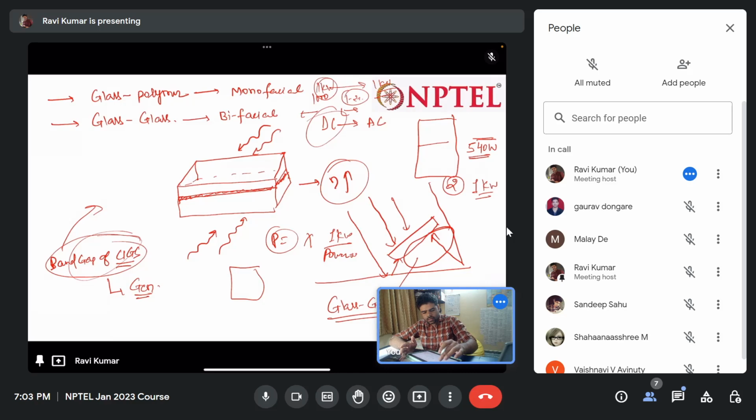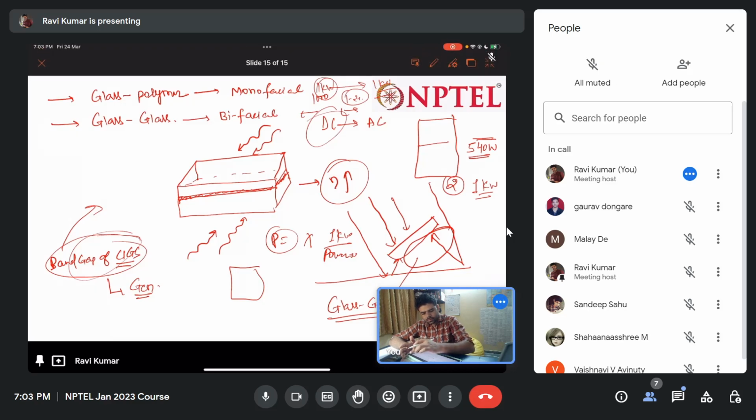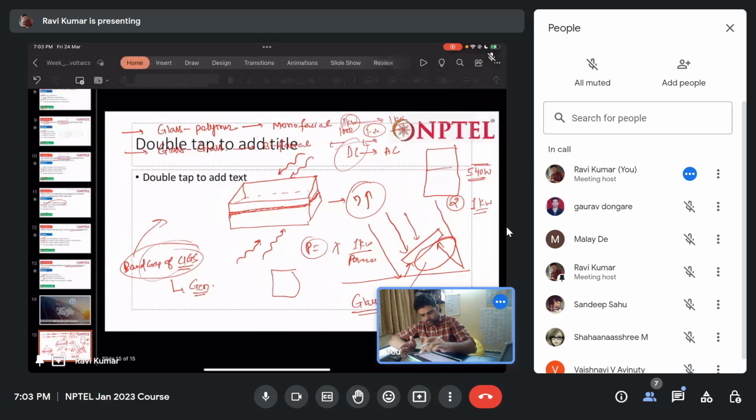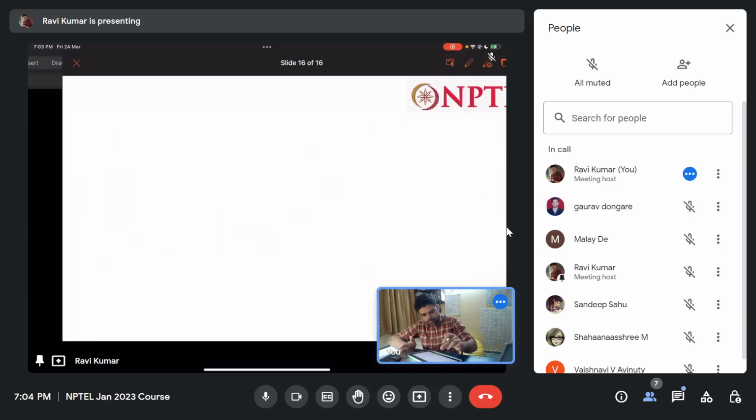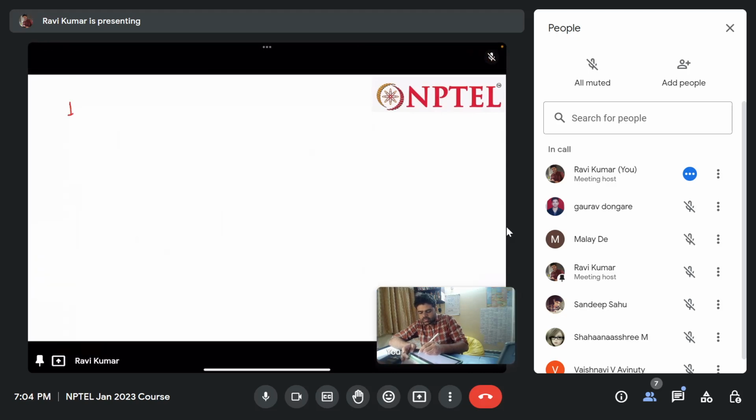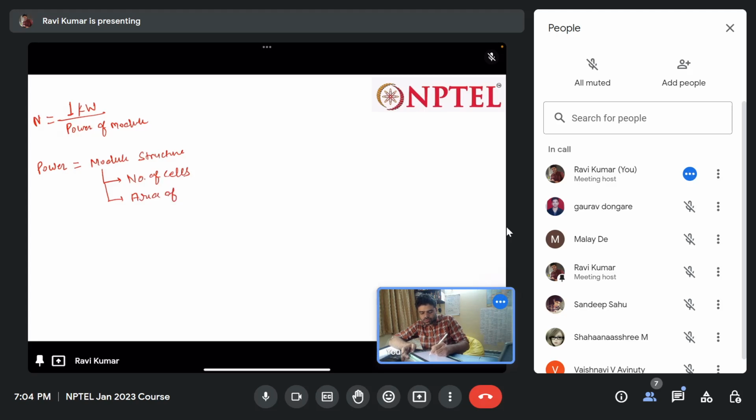Wait, let me clear this. Yes, sir. It's like 1 kilowatt, and the number of modules equals 1 kilowatt divided by the power of the module. This power of the module will depend on the module structure. Module structure means the number of cells plus the area of each cell.